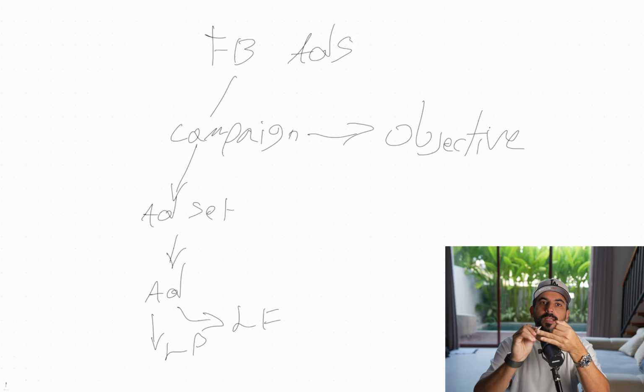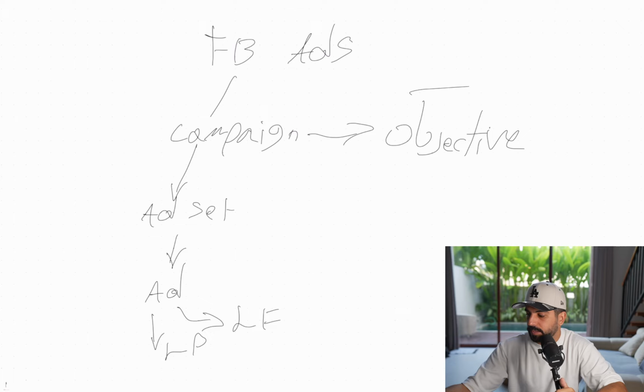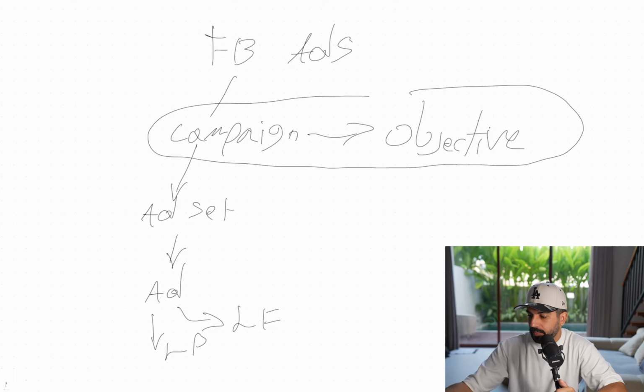More sales? More leads? More followers, more messages? What are we trying to get? This is something that we're setting up at the campaign level. You can also set up your budget. I personally like to set up the budget in the ad set, but this is also a possibility.